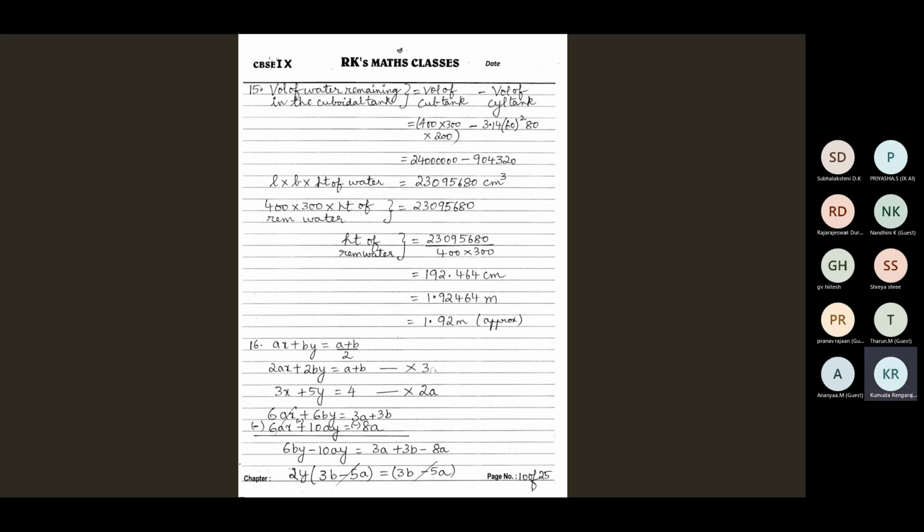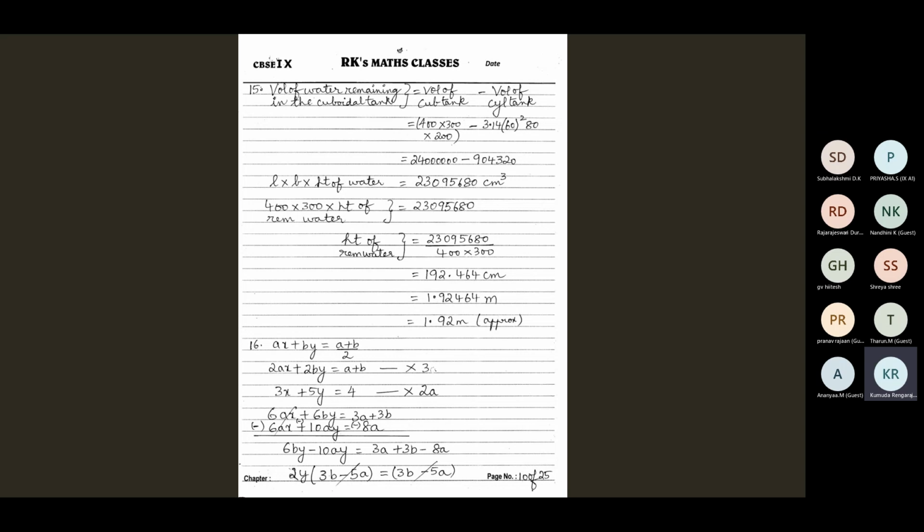Okay, the 15th one. Water is pumped from a cuboidal tank of dimensions given to you to an overhead tank in the shape of a cylinder. The sump is in the form of a cuboid.